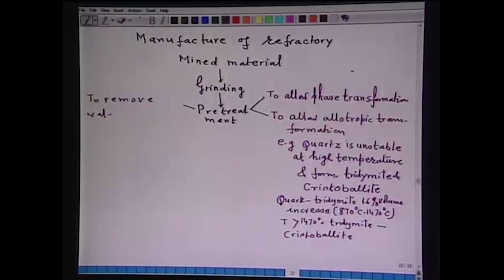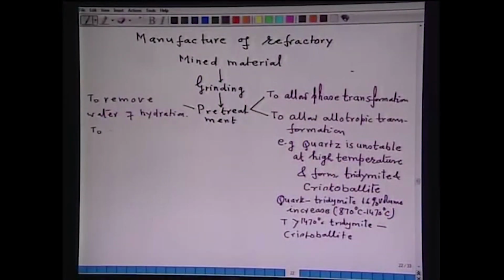Another important issue in case of pretreatment is to remove water of hydration. For example, fire clay occurs in nature and the water is in combined form, also free water is there. So, this water of hydration has to be eliminated, so that at the time of its application, when water evolves, it will not create a lot of problems.